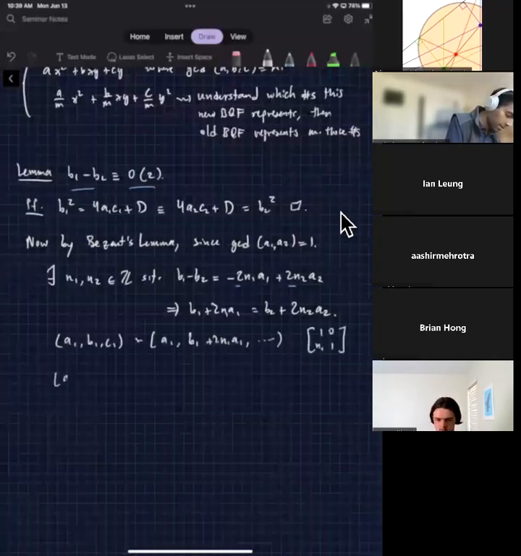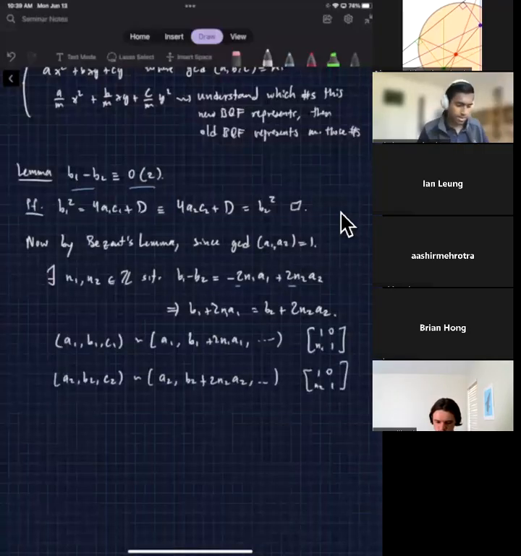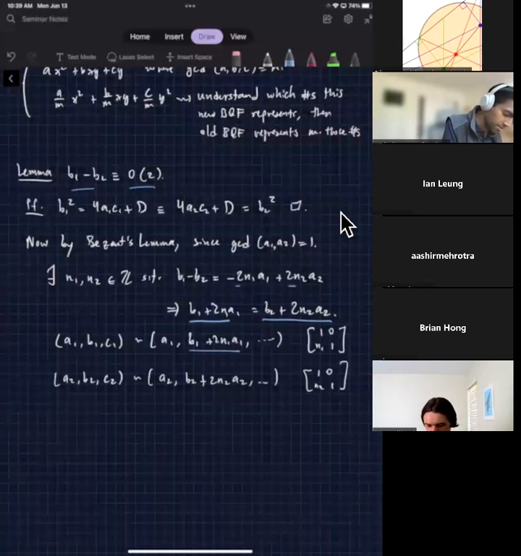And also recall, similarly, that a2, b2, c2 was equivalent to a2, b2 plus 2n2a2, and so on, where the equivalence happened by this matrix 1, 0, n2, 1. Okay, but now b1 plus 2n1a1 equals b2 plus 2n2a2. So the xy coefficients are the same. And that completes the proof of the proposition.